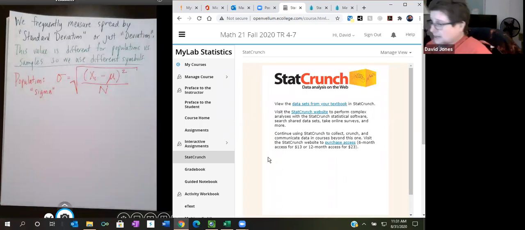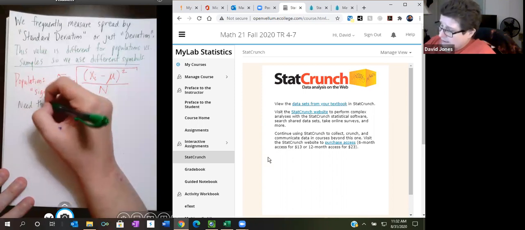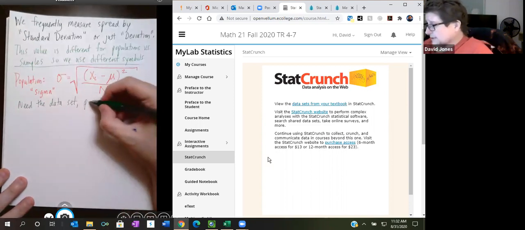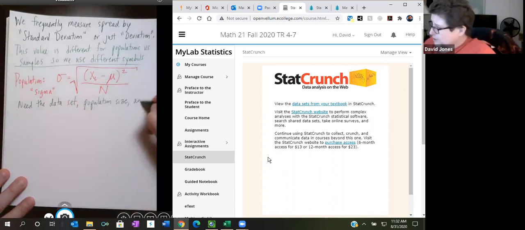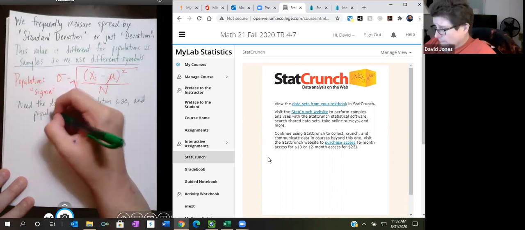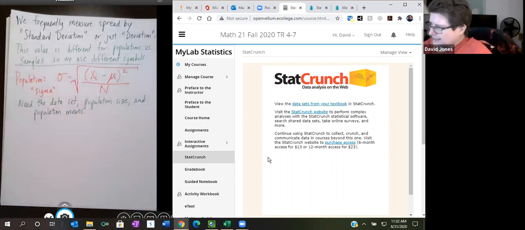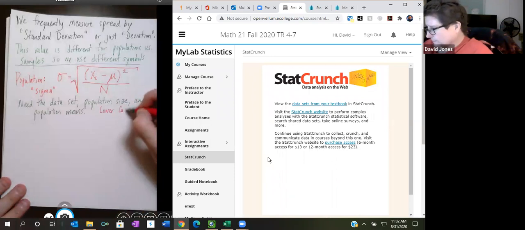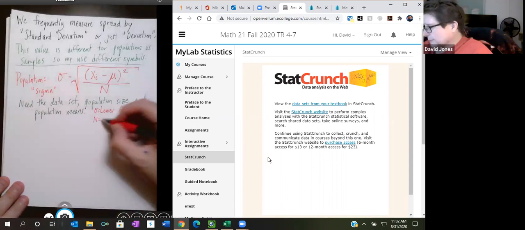Okay? So to do this, you need the data set, the population size, and population mean. And this is the lowercase sigma. And as a reminder, N is population size.